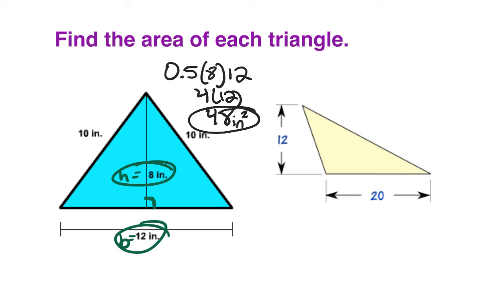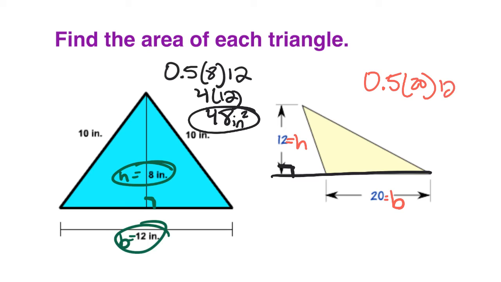The yellow triangle to the right. I see this 90-degree angle with this horizontal line. So I know that 12 is going to be the height and 20 is the base. I'm going to use my half as a decimal because a triangle is half of a parallelogram. And I'm going to multiply that by the base, multiply that by the height.